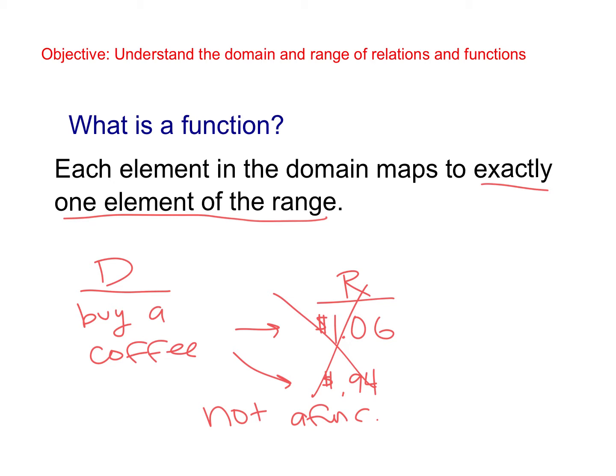So you can't have one thing in the domain going to two ranges, but you can have two domain elements going to one number. So if buy a coffee is one thing and then the other thing is buying a soda, we're both allowed to go to the 1.06. The buy a coffee can't go to two numbers though.